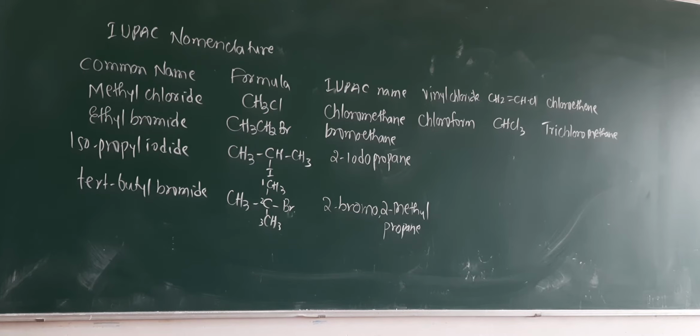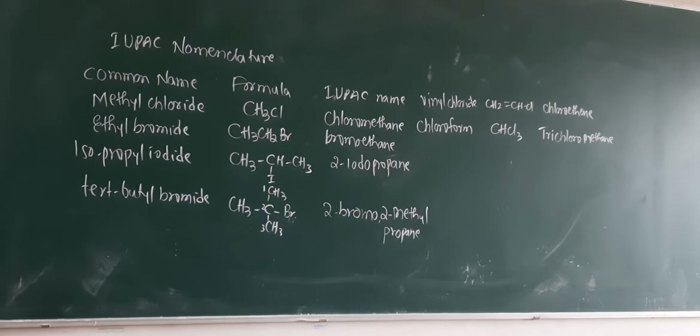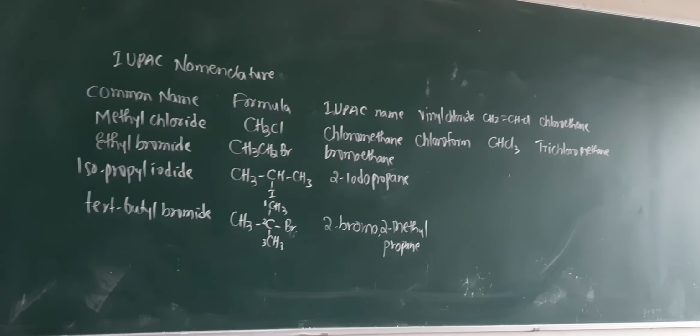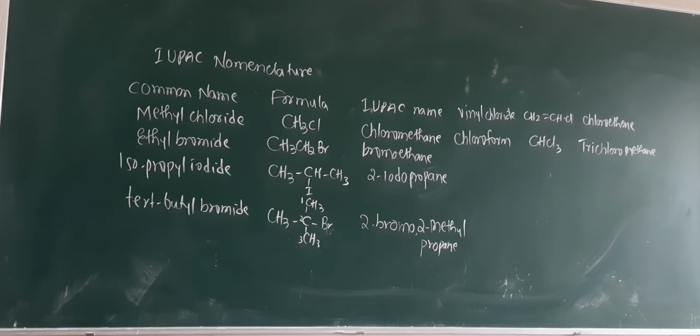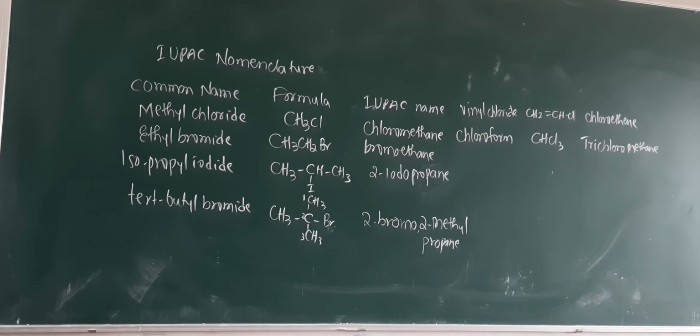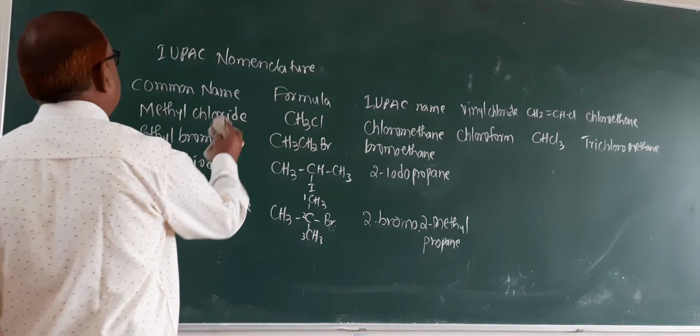When we take aromatic compounds, many of the names given according to the common system have been accepted as IUPAC nomenclature. So for aromatic compounds, not so much detail is needed. Let us go for different methods of preparation of the haloalkanes.